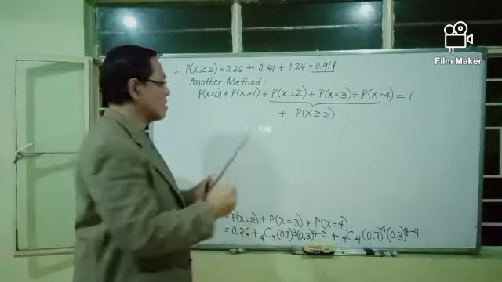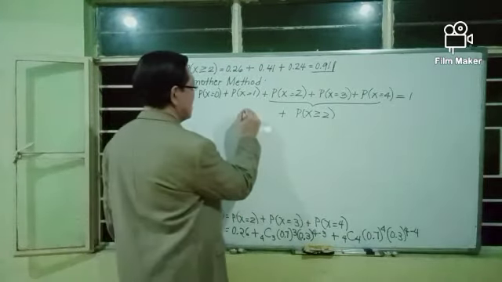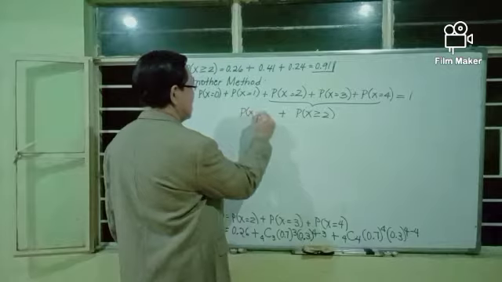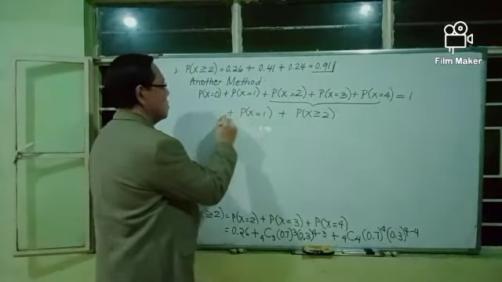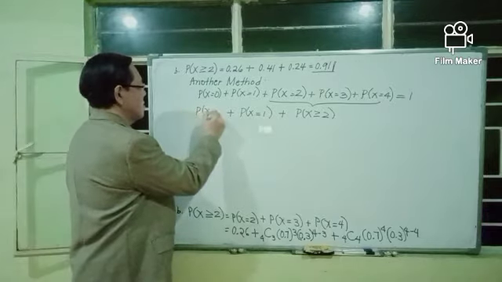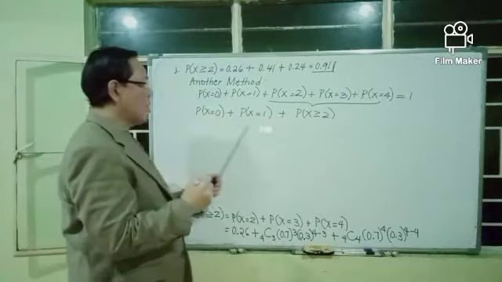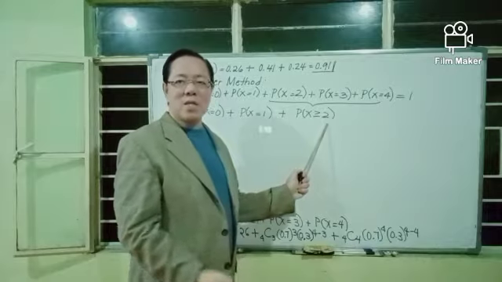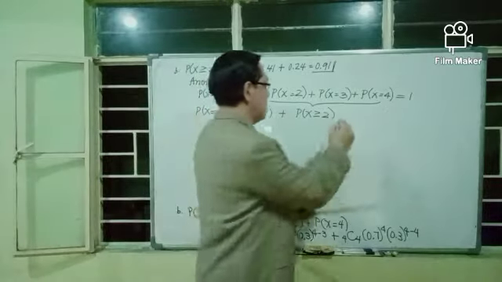Plus probability x equals 1 plus probability x equals 0. And the sum of these three terms is equal to 1.